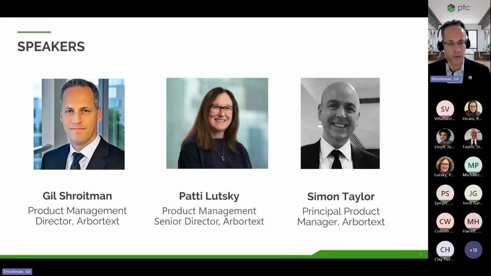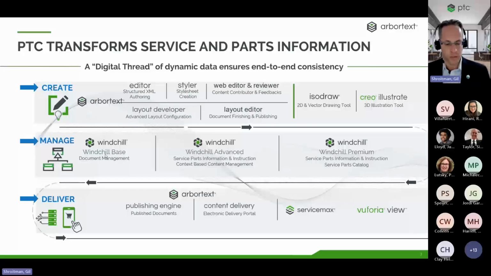Before we jump into the details, we'll explain a little bit about what products we have in our portfolio for those of you who are not familiar. Our product portfolio spans the create, manage, and deliver domains, helping our users create, manage, and deliver content at the point of service.